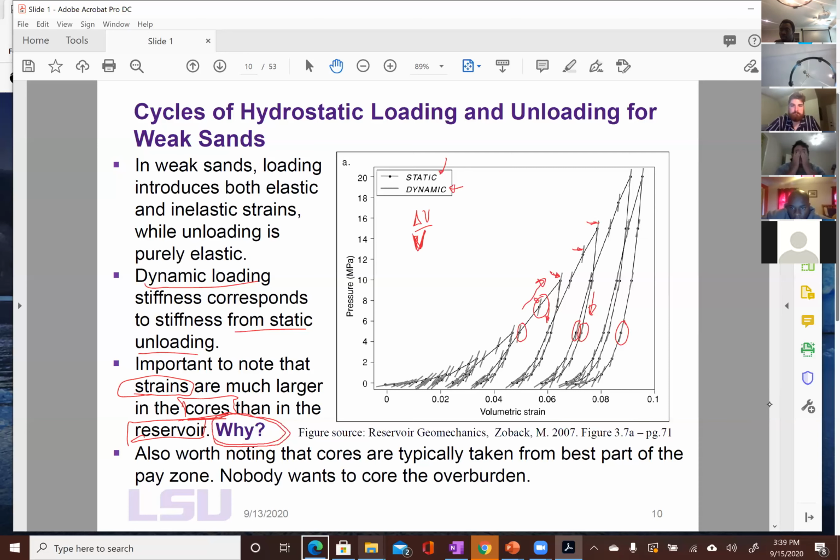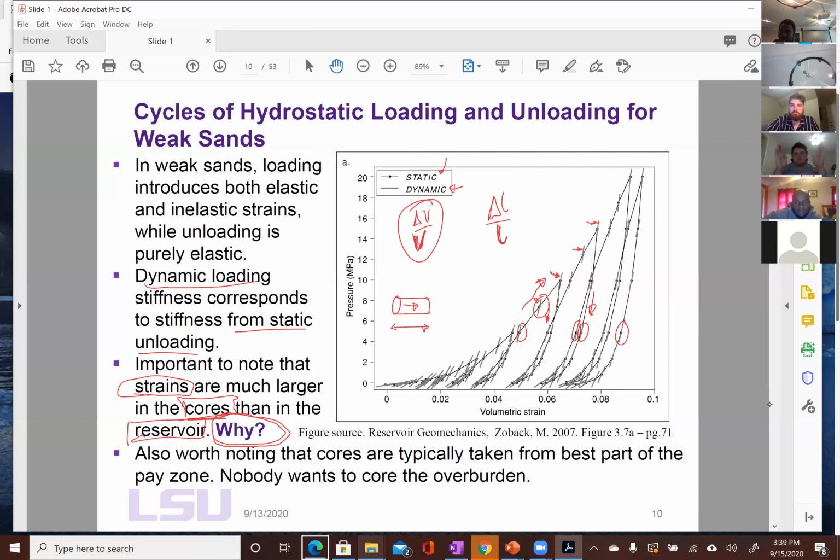That's the change in, this is volumetric strain. But if you're looking at just strain in one direction, say linear strain, it's just delta L over L. So if you're looking at a core and linear strain in the axial direction, what's the L for this core?